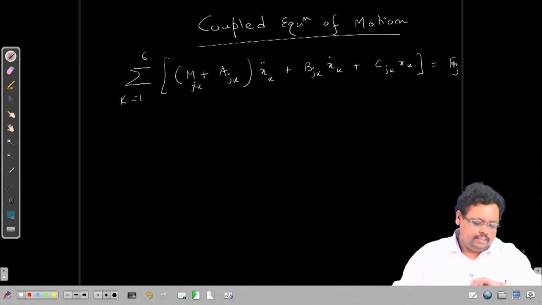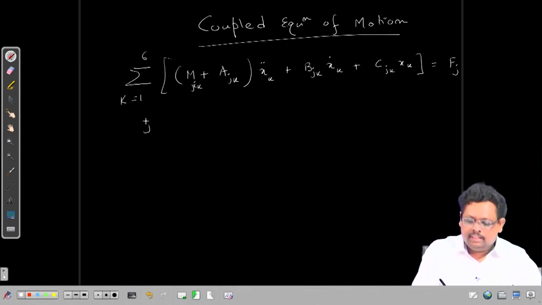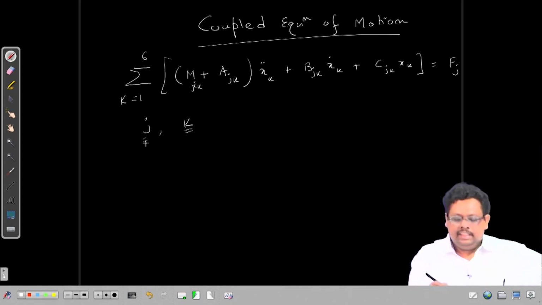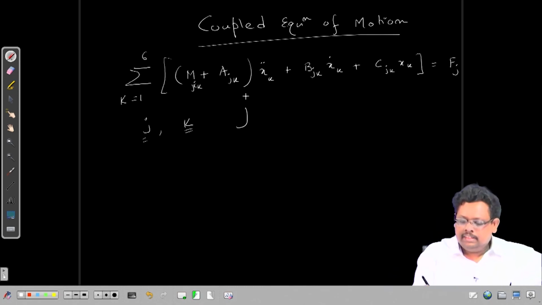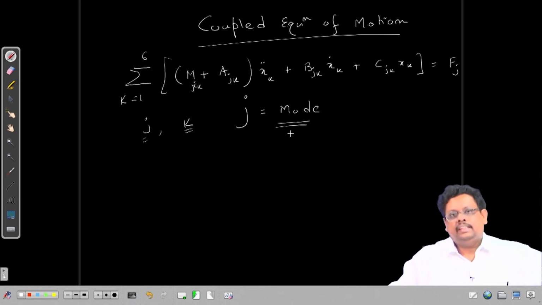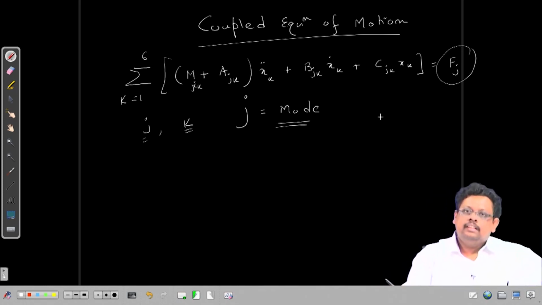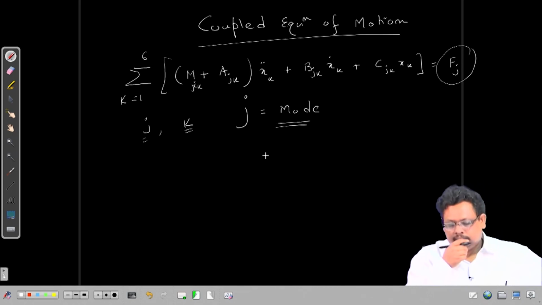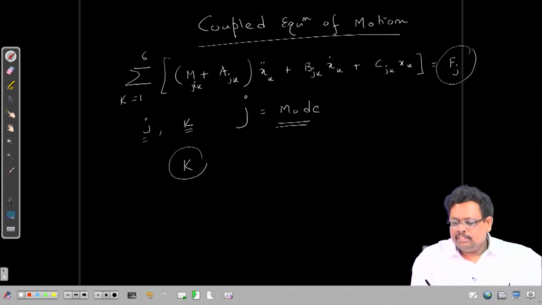Now, what is j and what is k? j refers to the mode in which the ship got excited, that is why it is on the right hand side. And k is the other mode that is affected because of this.